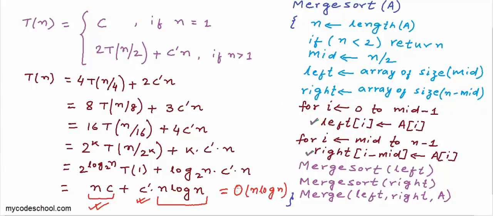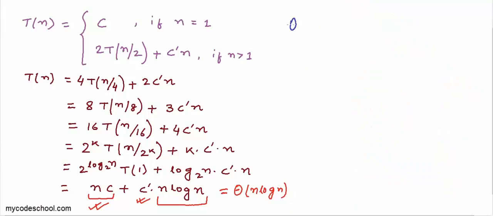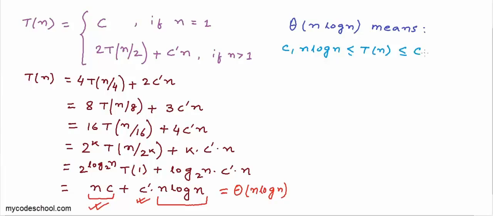In fact, this will also be equal to theta of n log n. Theta of n log n here means that for some constants c1 and c2, Tn, which is equal to nc plus c dash into n log n, will be greater than or equal to c1 times n log n and less than or equal to c2 times n log n if n is greater than or equal to some constant n naught.